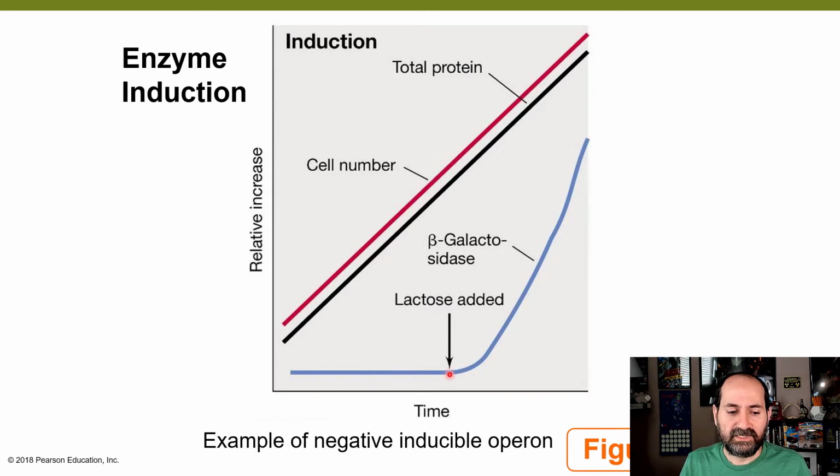However, if the experimenter were to spike in lactose, now there is lactose to catabolize, and the lactose serves as an inducer to turn on gene expression. In this case, it's by deactivating the repressor, which we'll get into in a minute. But you add the lactose.